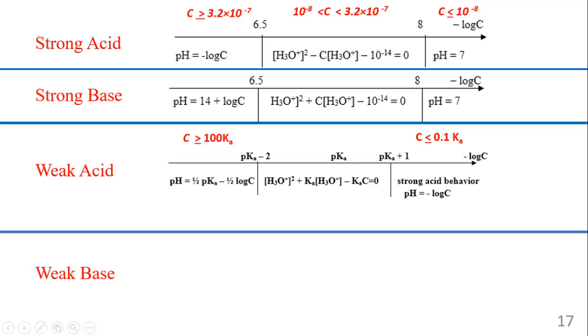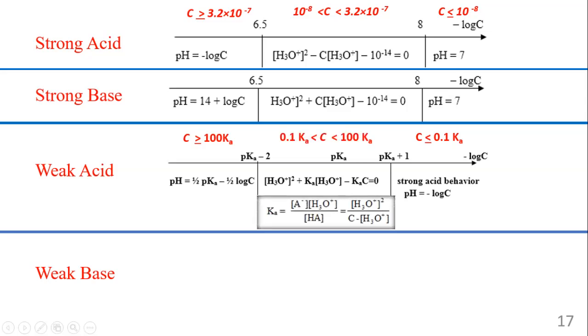And in between, when the concentration is less than 100 Ka, but greater than 0.1 Ka, which is the in-between value, that's when I use my quadratic. Are we clear?